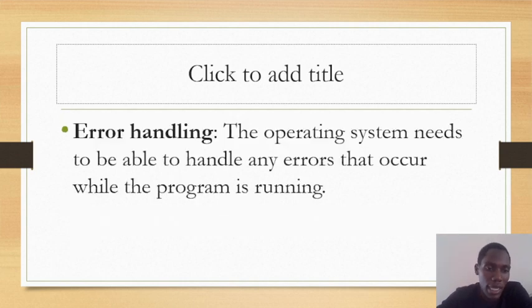Moving on to the next slide, we are looking at error handling. The operating system needs to be able to handle any errors that occur while the program is running. So in this case, the operating system provides an ability of handling errors.